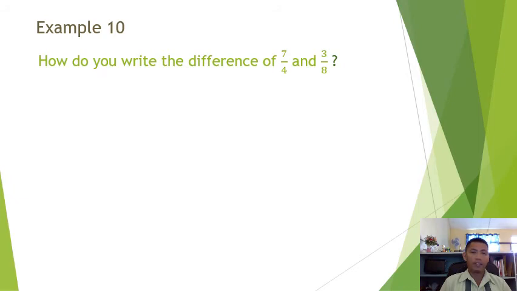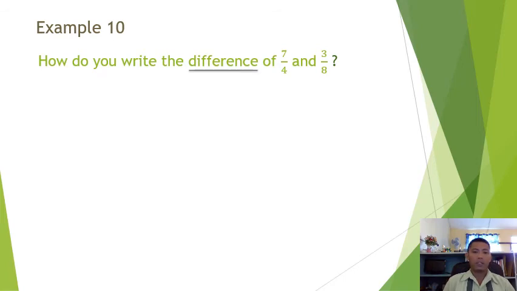That's why it's 7 fourths, or 7 times 1 fourth. And 3 eighths means we have 3 pieces of 1 eighth. That's why it's 3 eighths, or 3 times 1 eighth.